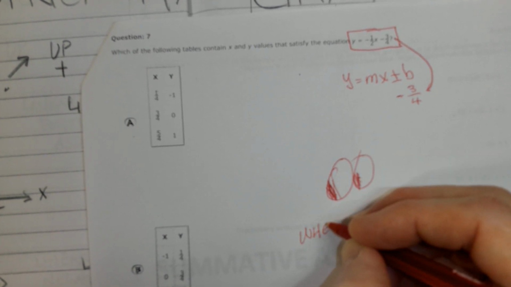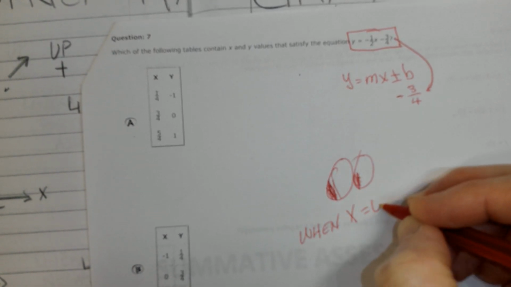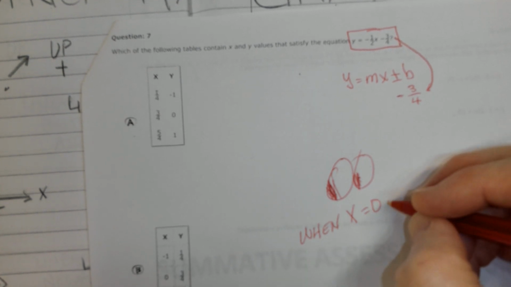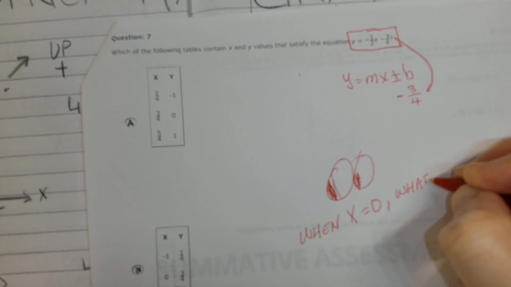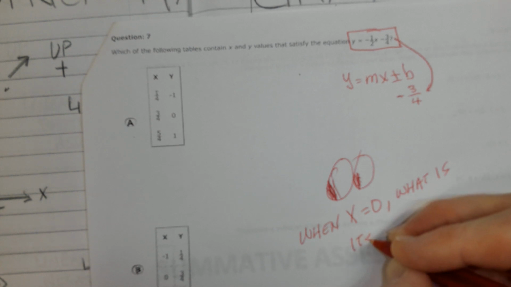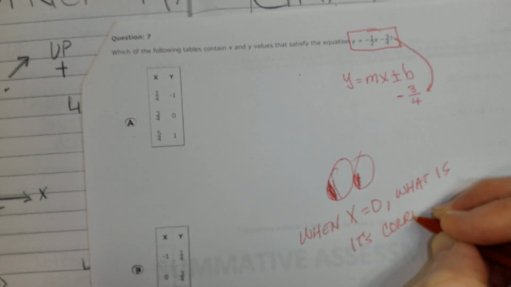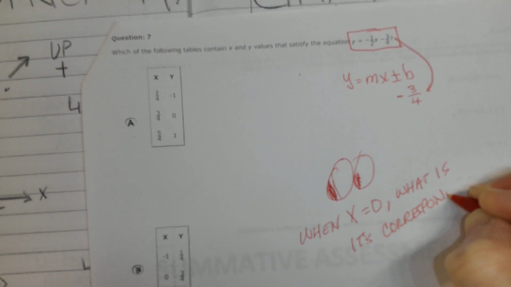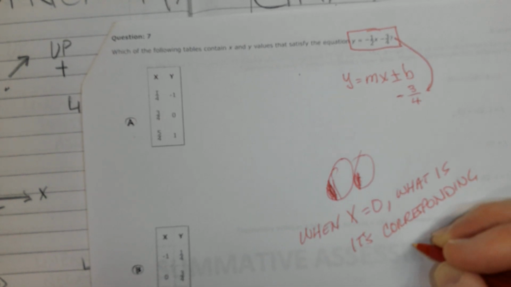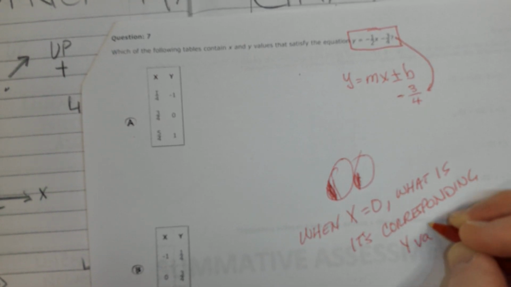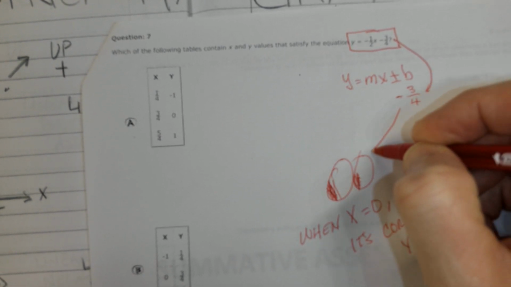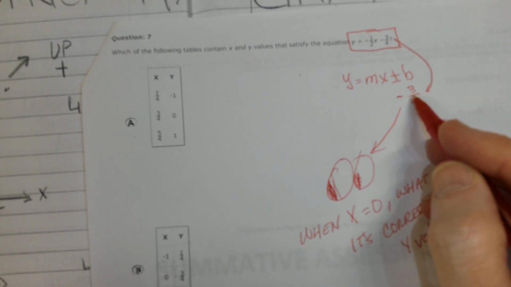When x equals 0, what is its corresponding y value? And what we're looking for is a negative 3/4.